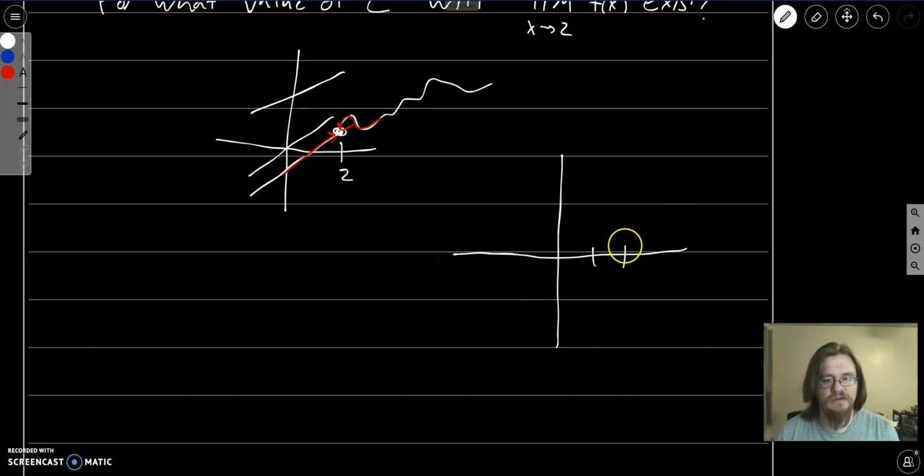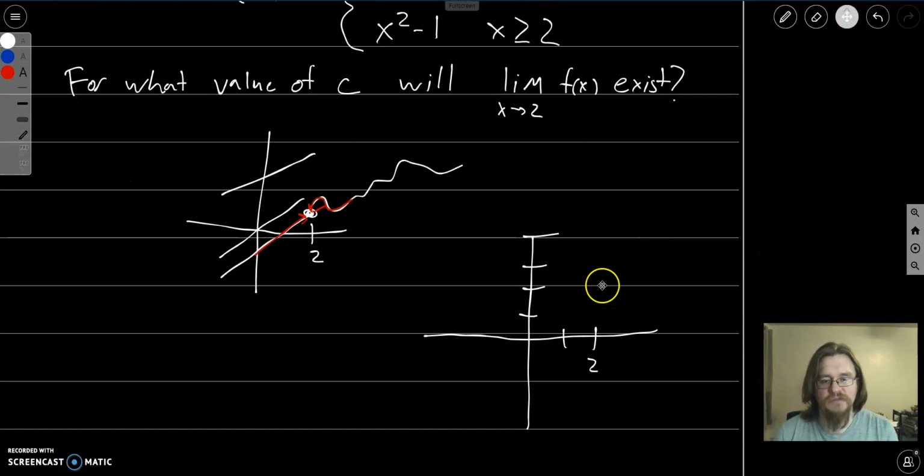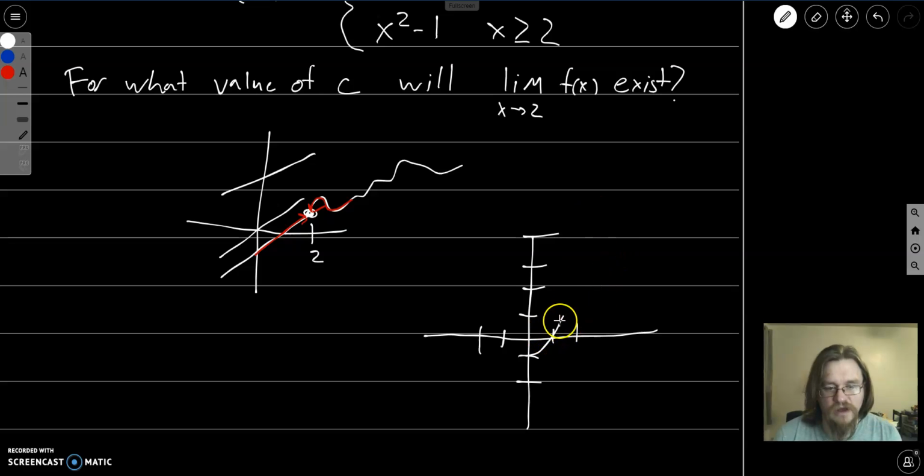So out here at 2, we're going to look like x squared minus 1. Well, x squared minus 1 is going to be a parabola. It's going to look something like this.